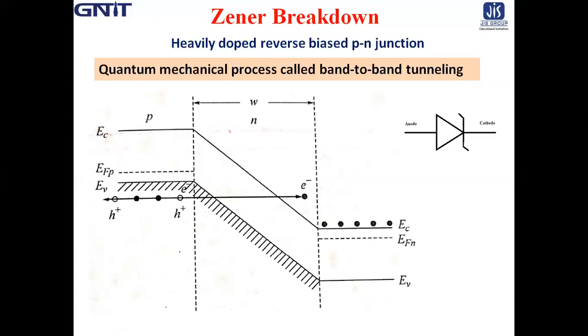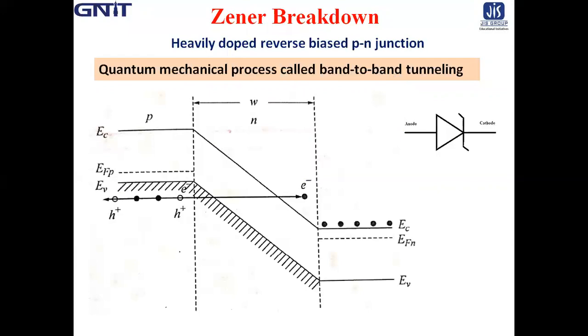So zener breakdown occurs in a heavily doped reverse biased PN junction diode due to a quantum mechanical process, called band-to-band tunneling. In a fairly highly doped reverse biased PN junction, the energy bands are crossed at low bias voltage.